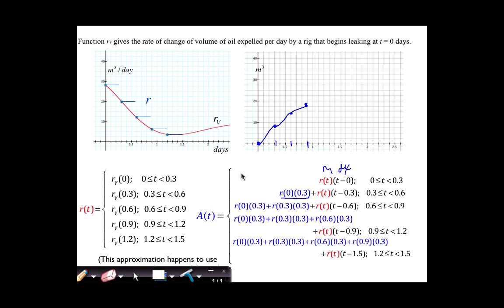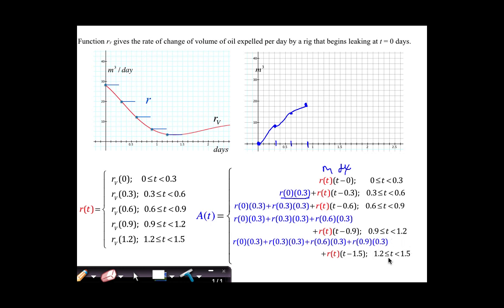But the stuff that's in blue here is representative of our y initial. So it's a combination of all the stuff that we accumulated in the first 0.3, the second 0.3, the third 0.3, however many full intervals we've gone past in order to be talking about the piece of the piecewise function in question.